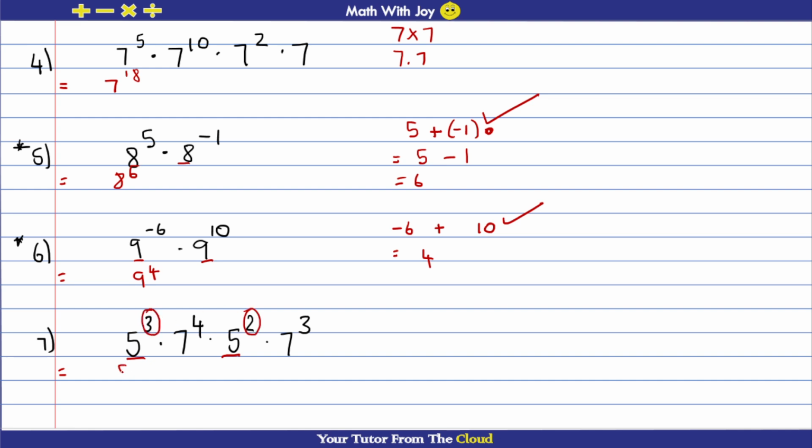So I will have 5 to the power of 5. And the 7's are then going to multiply each other, and when the 7's multiply each other, I add the exponents. It's going to give me 7 to the power of 7.